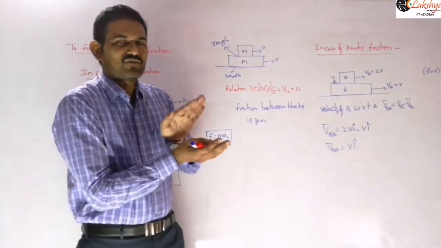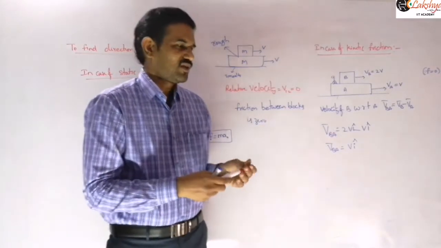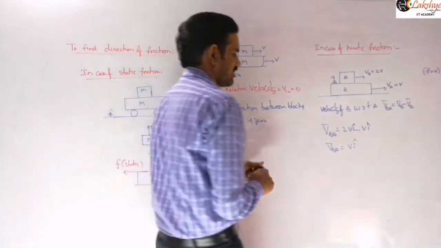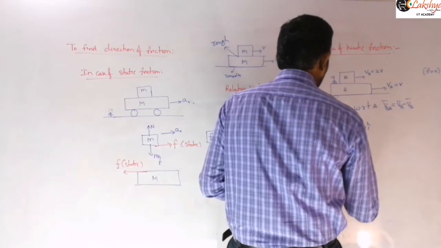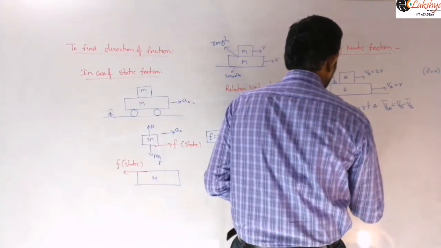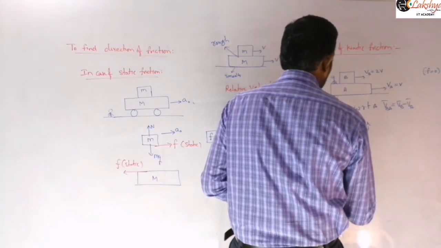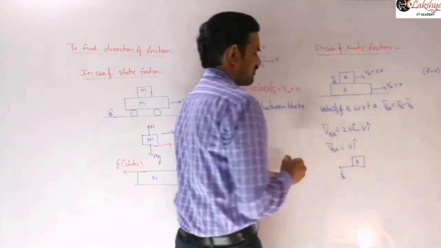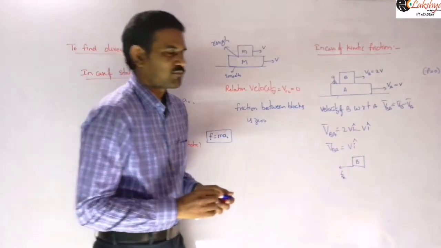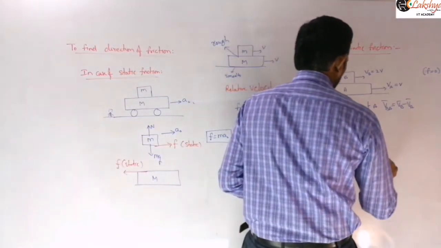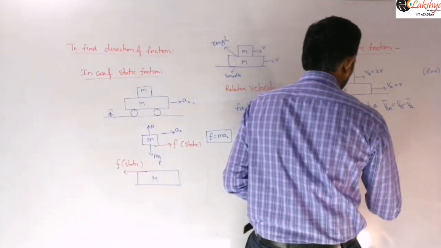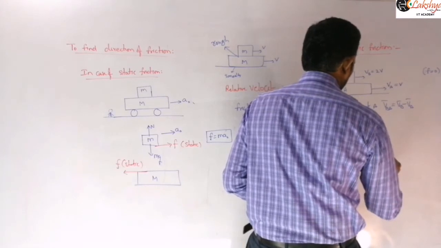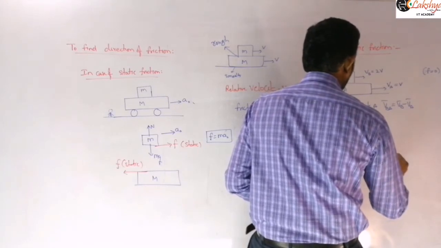So with respect to A, B is moving forward, and therefore the direction of friction on B must be in the backward direction. This is the kinetic friction. That friction will be in the backward direction, which is opposite to the relative velocity. So this relative velocity VBA is along this direction.